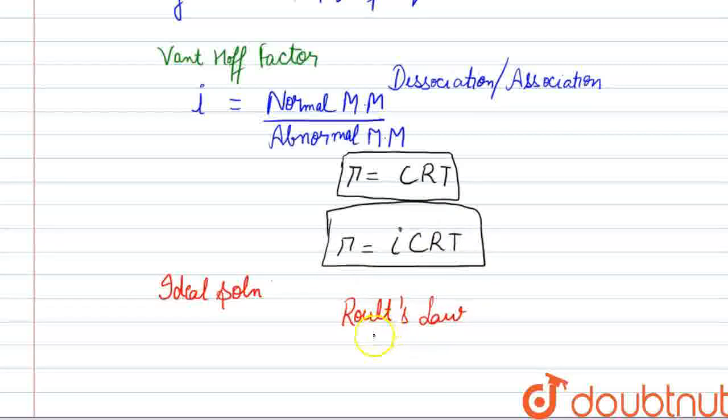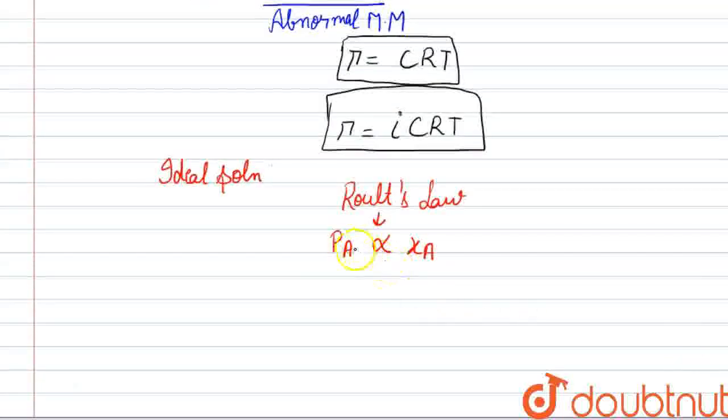According to Raoult's law, the partial pressure of any component, for example PA, is directly proportional to its mole fraction in the solution, written as chi A. Writing this as an equation, PA equals XA into P naught A. This P naught A is a constant and is known as the vapor pressure of that component.